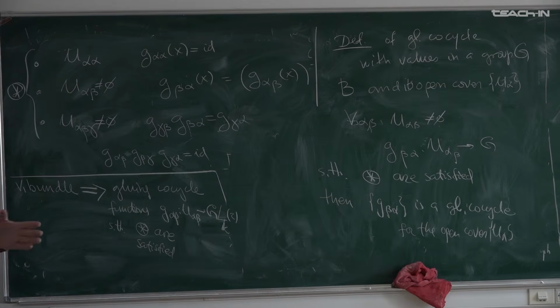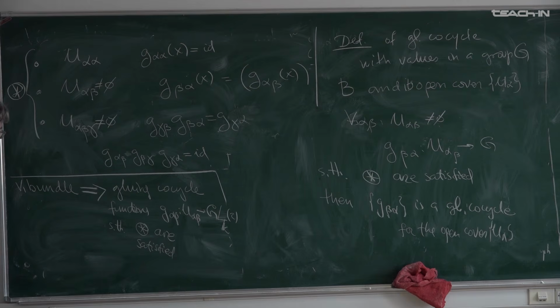The question: is it possible to pass in the reverse way? If I have a cocycle, could I construct a vector bundle or not? Usually if teachers ask, so yes or no?